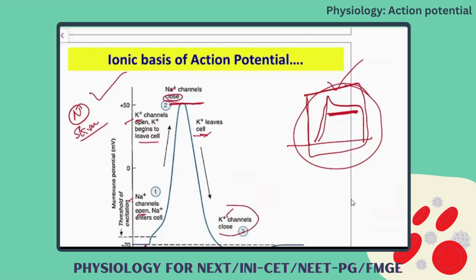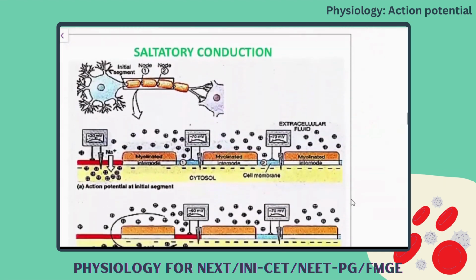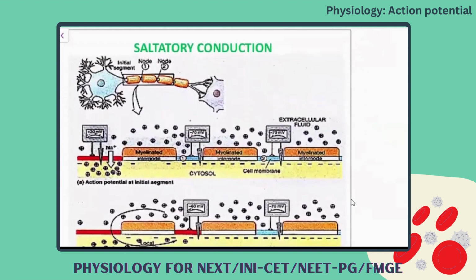And then finally the potassium channel closes when it reaches the hyperpolarized state. And then it will return back to the normal level. This hyperpolarized state is due to excess of potassium which diffuses away from the cell. Okay, clear with this?